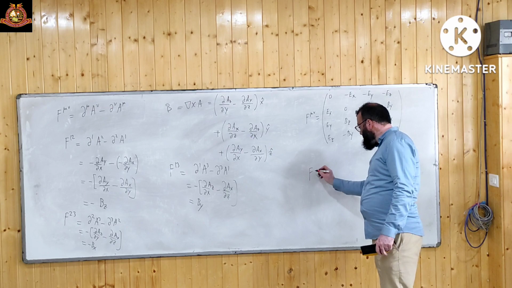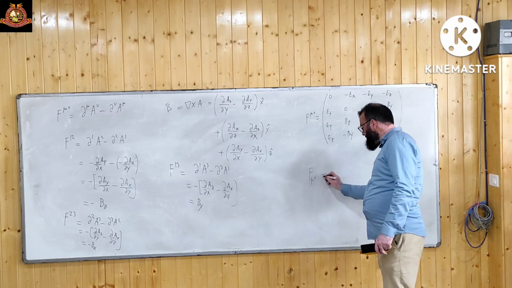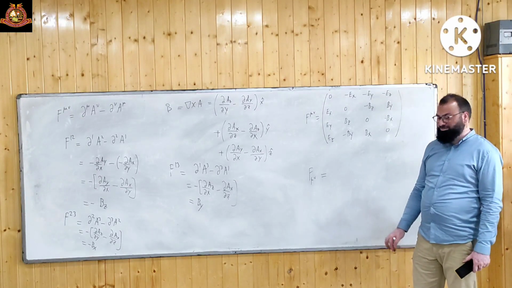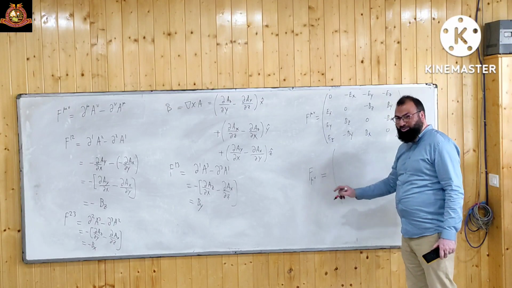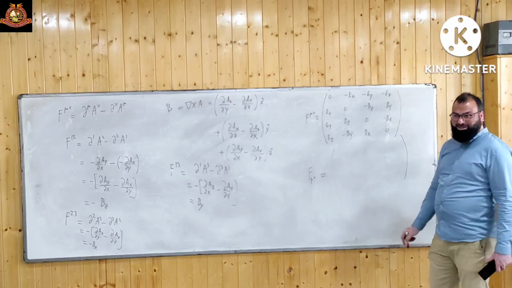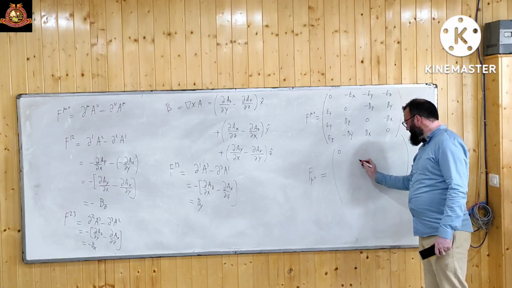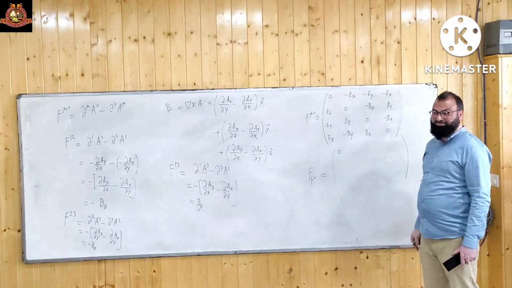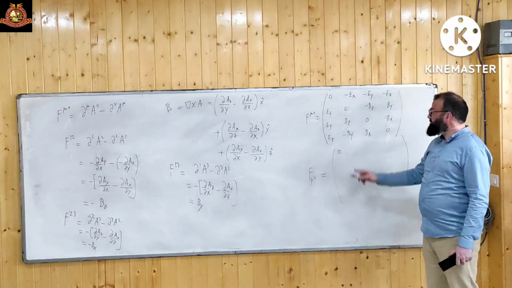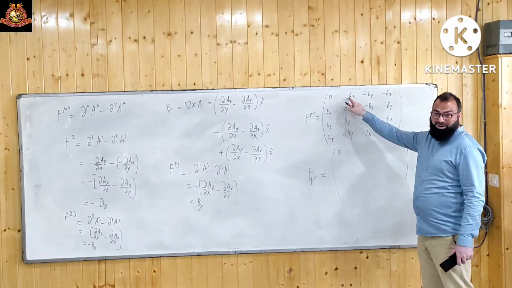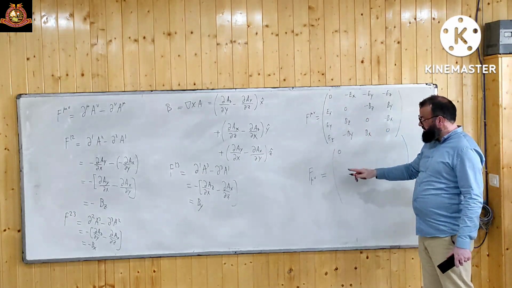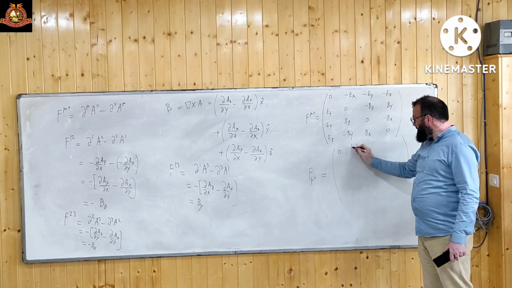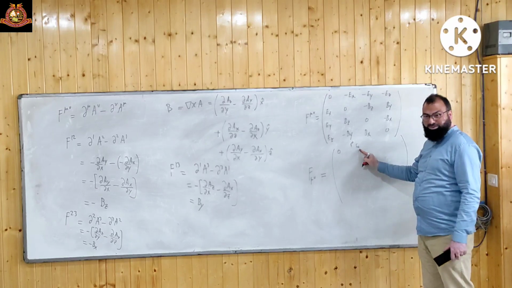Now let's write this F mu nu with both lower indices. Can you tell me what this will be? Some of your diagonal terms will be 0. Let's take the first diagonal term 0. Now what about this one? You have one temporal index and one spatial index, so it is F01.